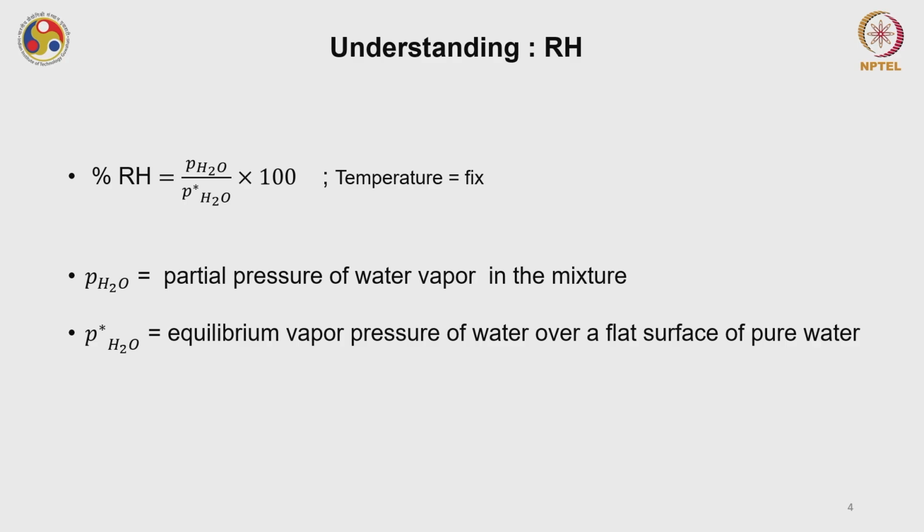This definition is valid for one particular temperature. Here pH2O is the partial pressure of water vapor in the mixture, and P star H2O is the equilibrium vapor pressure of water over a flat surface of pure water.